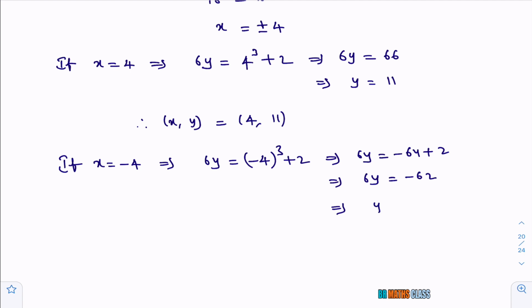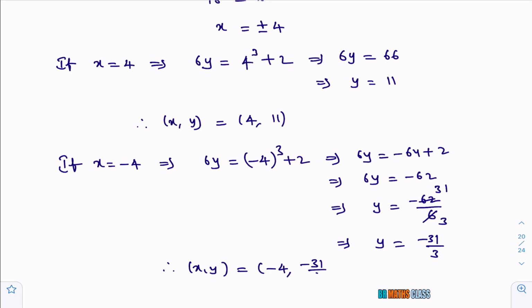So what is y from this? y is minus 62 divided by 6. You can see here 2 table 3 times, 2 table 31 times, so y equals minus 31 divided by 3. Finally, the point x comma y equals minus 4 comma minus 31 divided by 3.